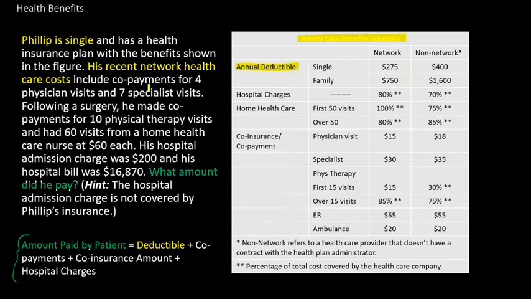They would specifically say out-of-network healthcare costs, or non-network healthcare costs, if it was out-of-network. So, what number are we reading from this table? It looks like if he is single and it's a network deductible, our cost is going to be $275.